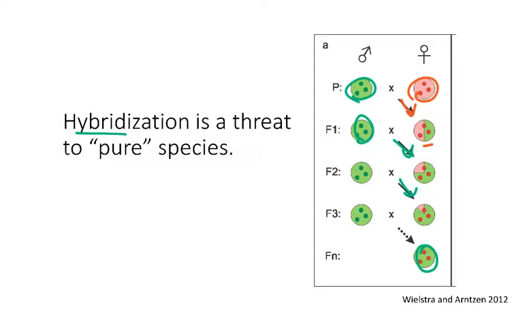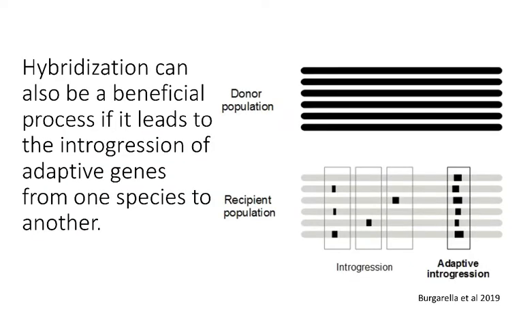So it's something that conservation managers try to consider, whether hybridization can basically lead to the loss of a pure genetic species. On the other hand, though, hybridization can be beneficial if it leads to the introgression of adaptive genes. So in this schematic shown here, we have introgression.